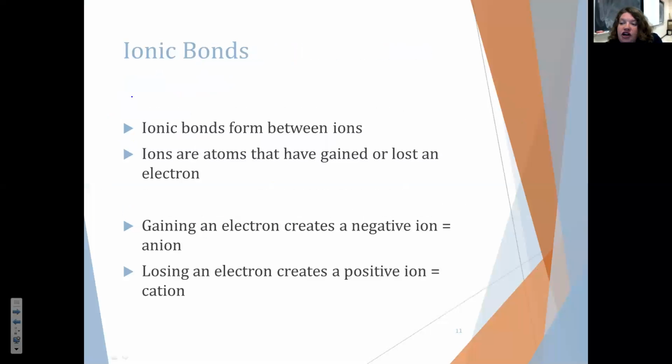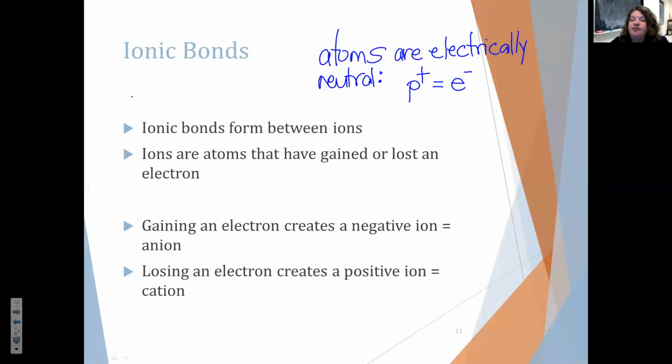Now, so far, I've been pretty particular to talk about atoms are electrically neutral. And I've represented that by saying our number of protons is equal to our number of electrons. And I've said that because there's another entity, ions.